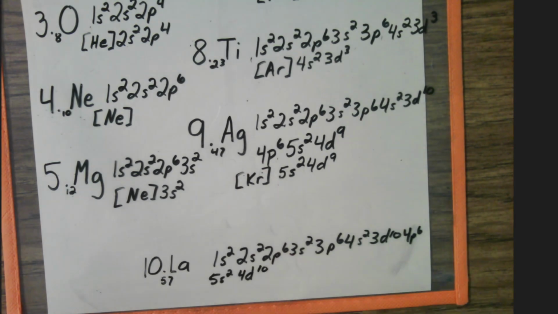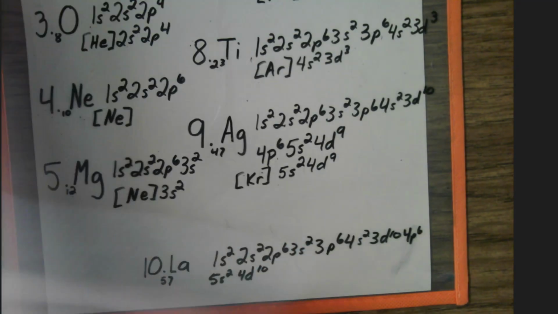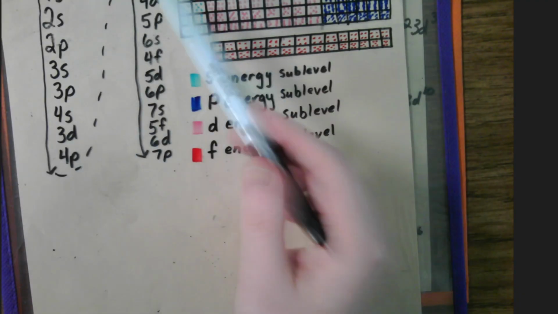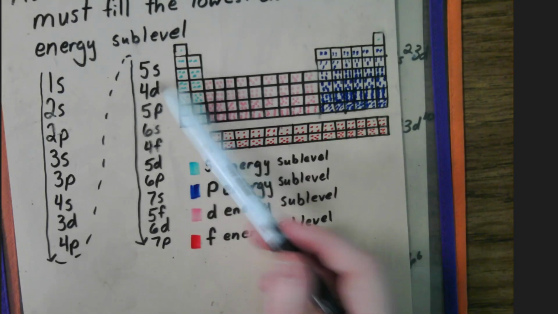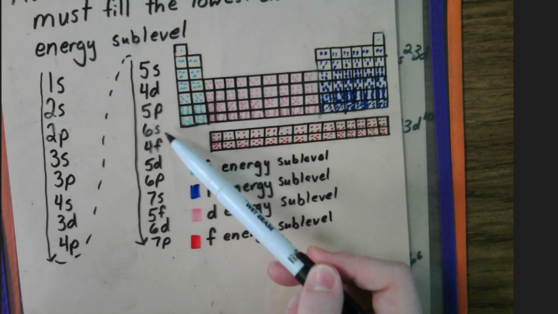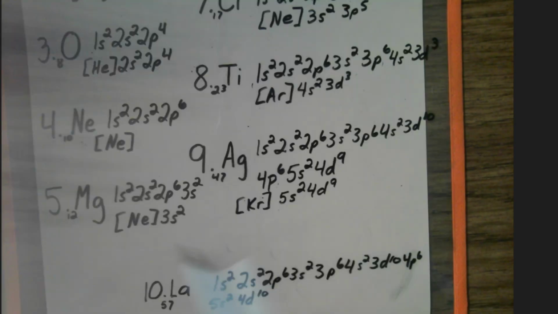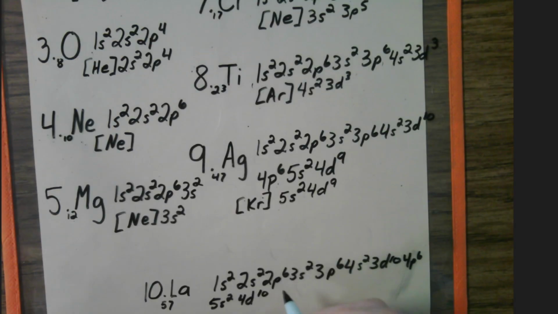Now that we're here, we know that we just did 47. We need about 10 more electrons. So we're right now in the 4d, so let's look at our chart. Here's 4d, so we've got 4d, 5p, 6s, 4f. All right, so this next one after 4d is 5p. 5p can hold 6.